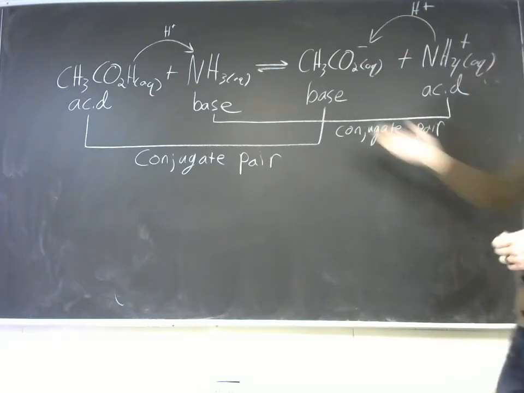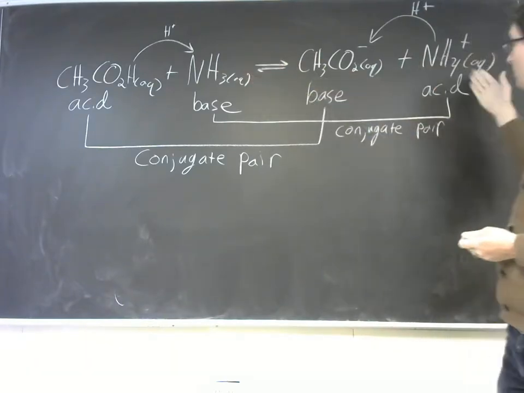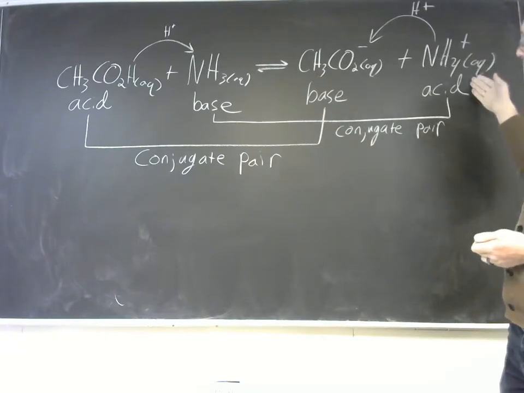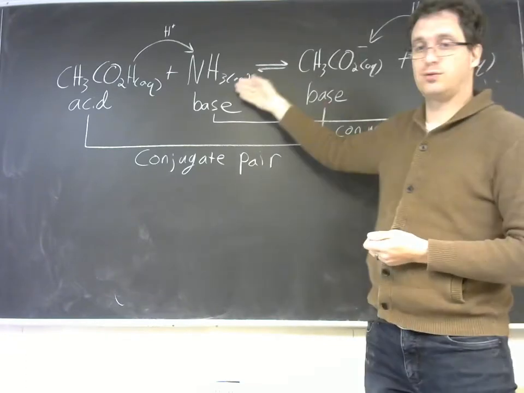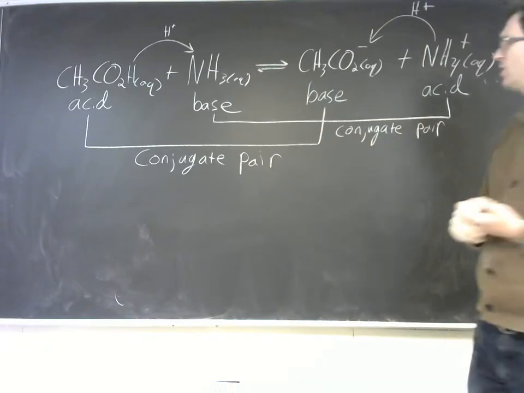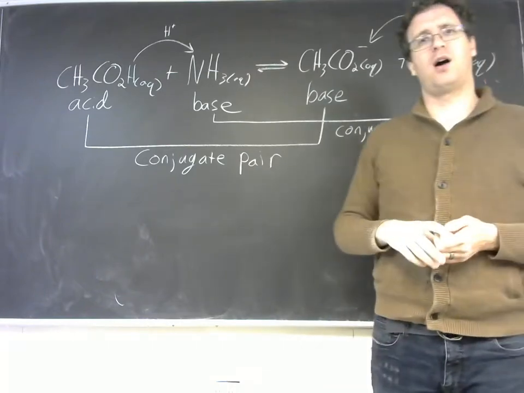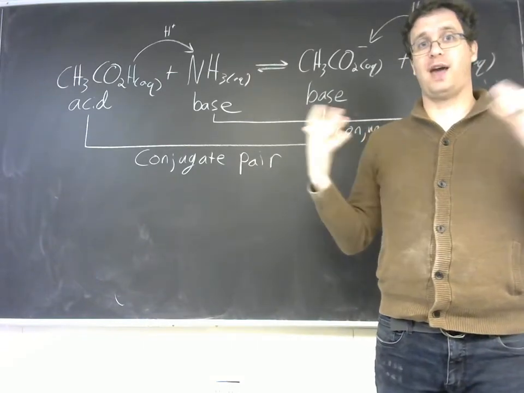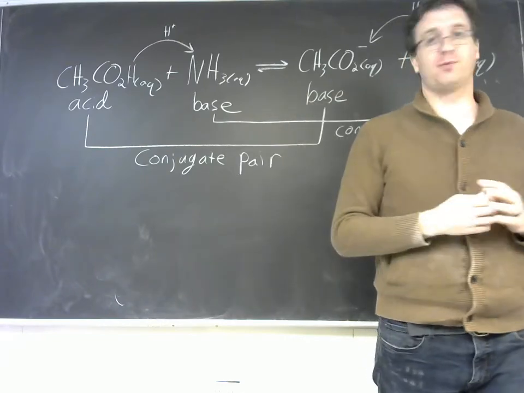In other words, ammonia is the conjugate base to ammonium, and ammonium is the conjugate acid to ammonia. And so conjugate pairs are going to have a relationship to each other that we'll cover in the next video.